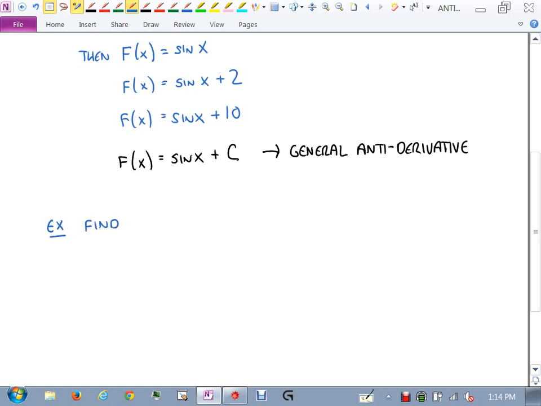Find the general antiderivative of f of x equals 7.